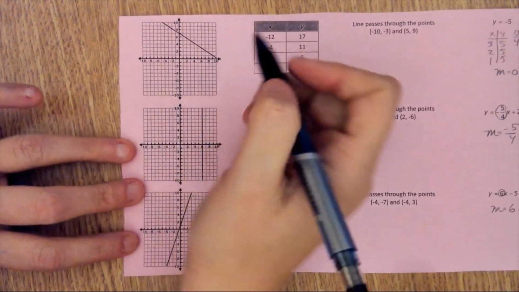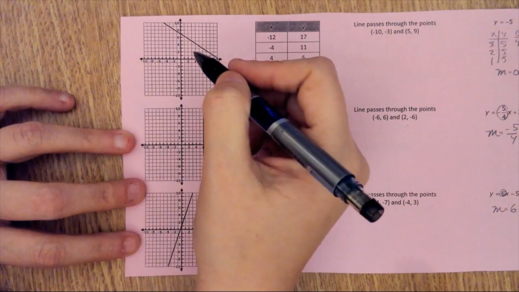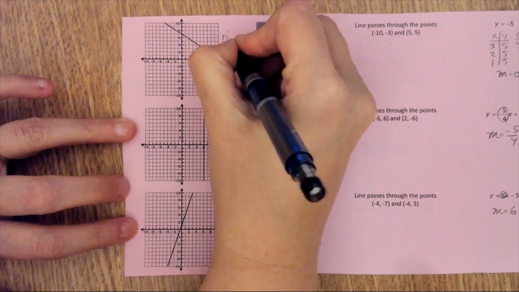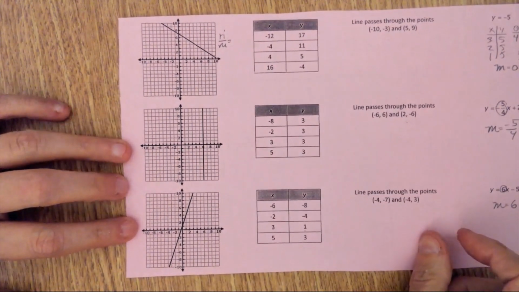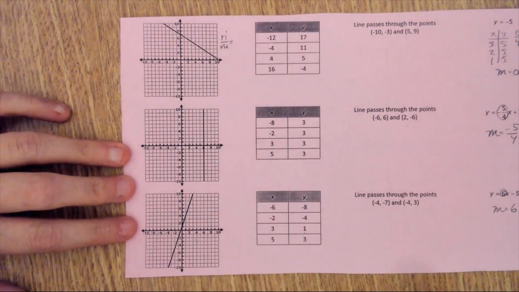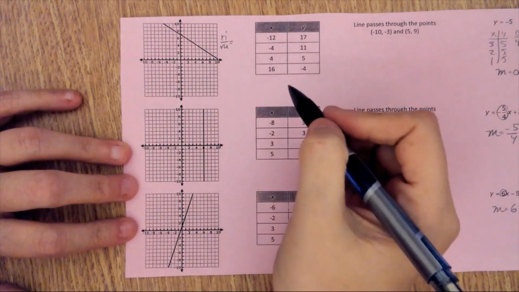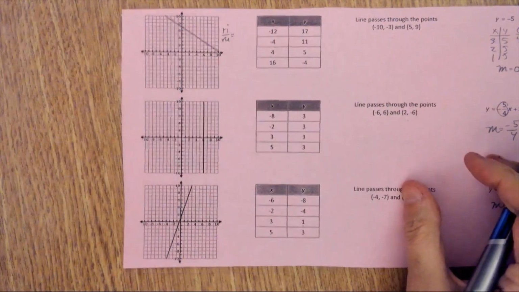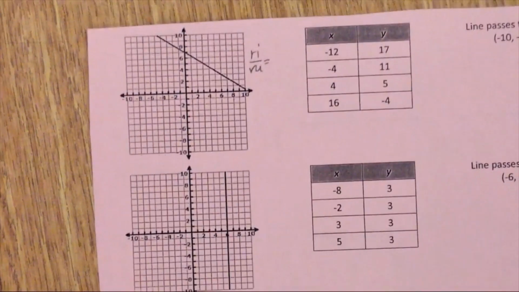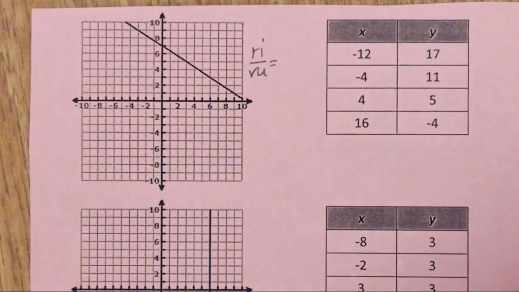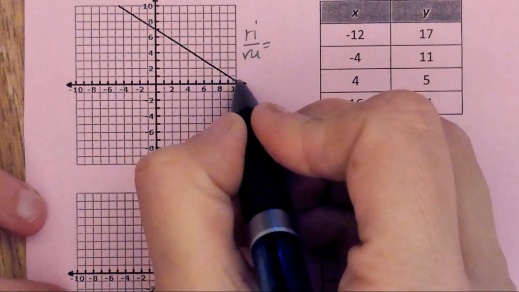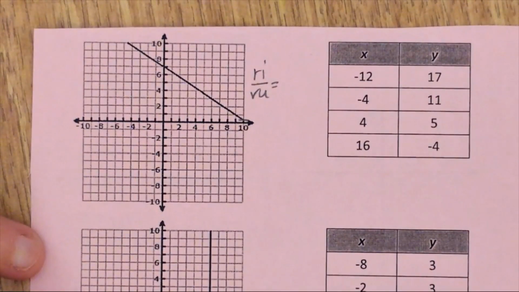Now let's look over here. When I look at a graph, I'm always going to write down rise over run. I'm too lazy to write out rise over run, but rise over run gets it done for me. So I'm going to pick 2 points. When I first did this, I made the mistake of thinking that 10 was my x-intercept, but when you look really closely, you see that it doesn't quite hit there.